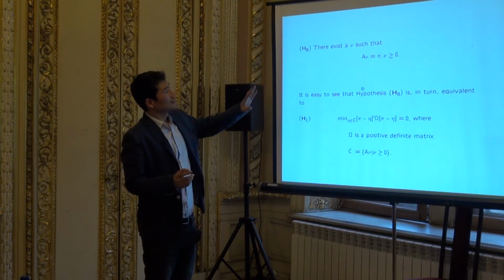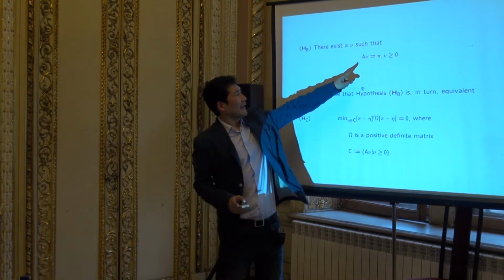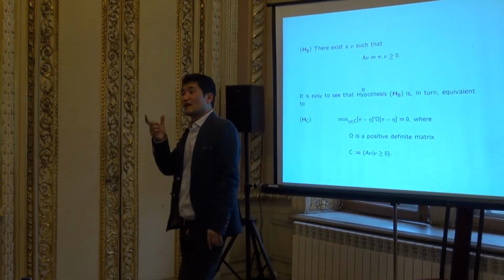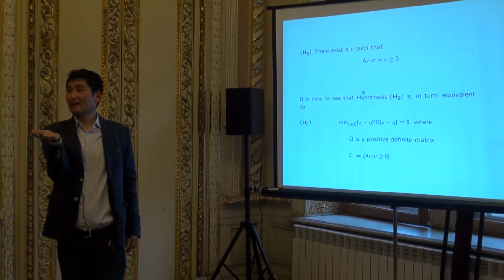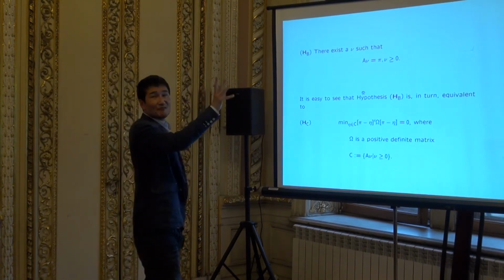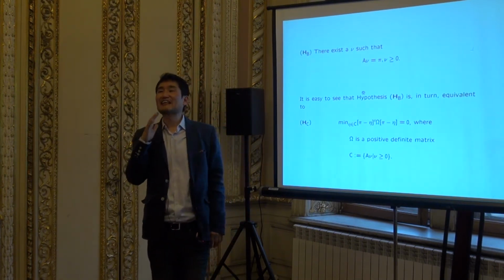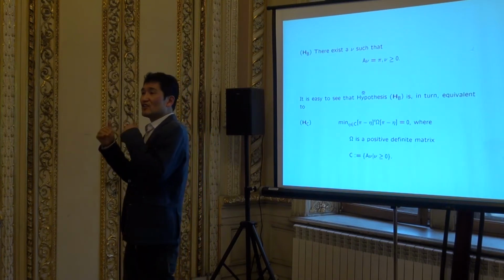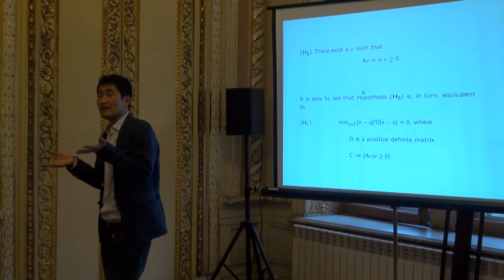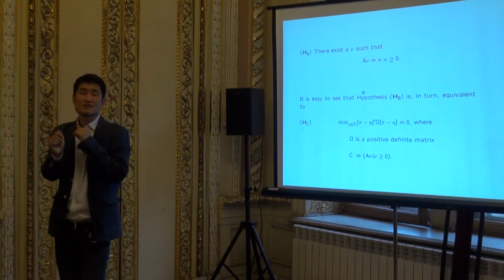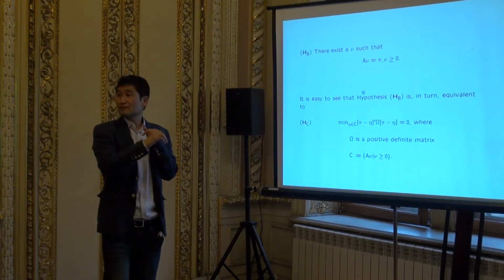So the original hypothesis is that there's a probability vector nu that makes A times nu equal to pi. But with some trivial math, I can claim it's not even necessary to assume that nu sums up to 1. The only thing you have to impose is that every element of nu is non-negative.